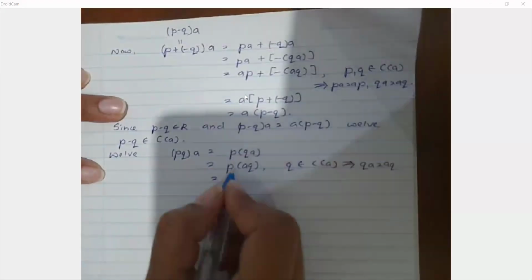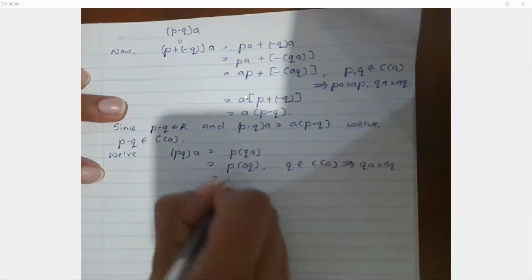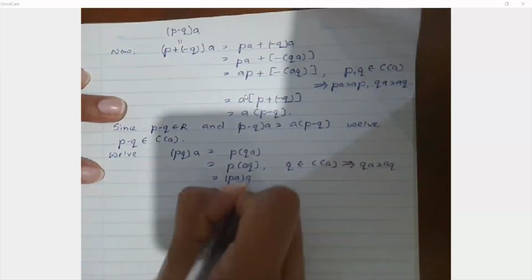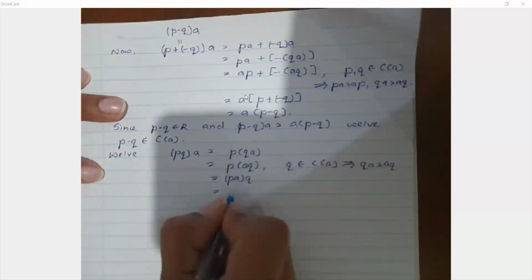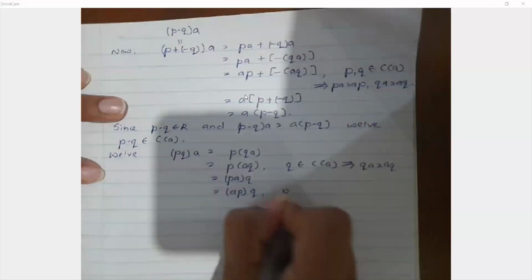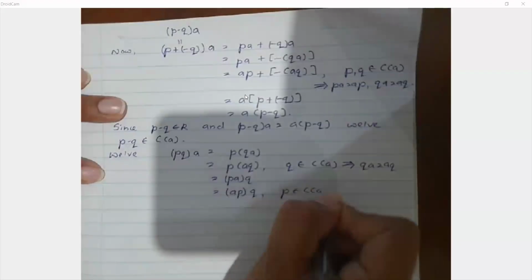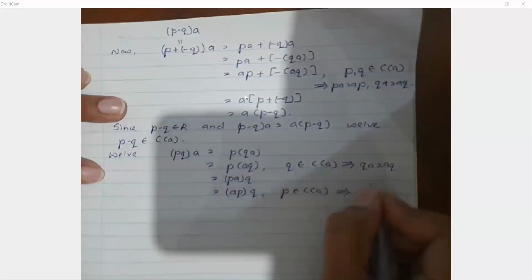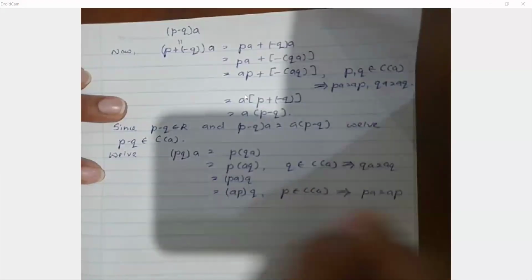Now, once again, using the associative property, we can write it as PA times Q. PA I can write as AP because P is taken from C of A. That means P commutes with A. We have PA equals AP.